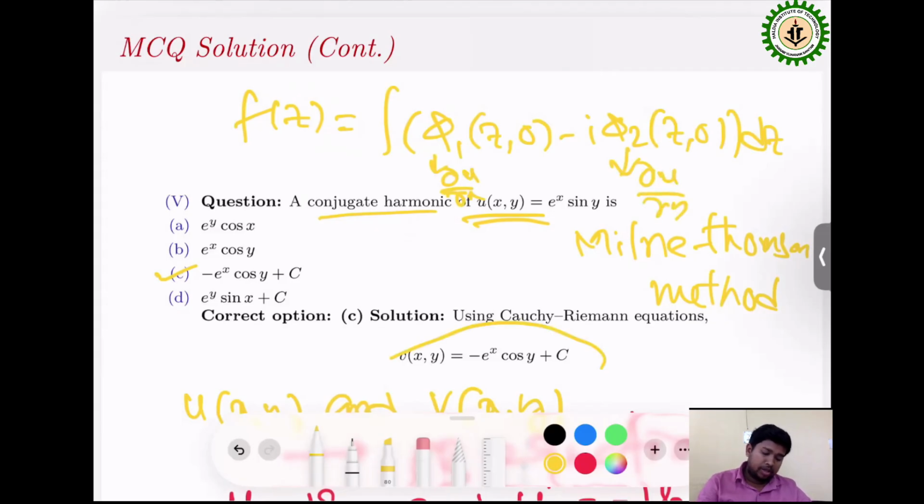You can also use the CR equation to obtain the conjugate function v.